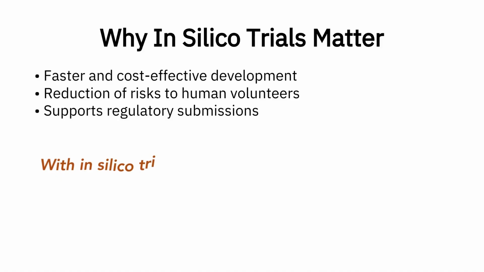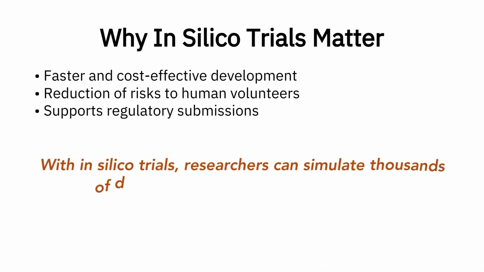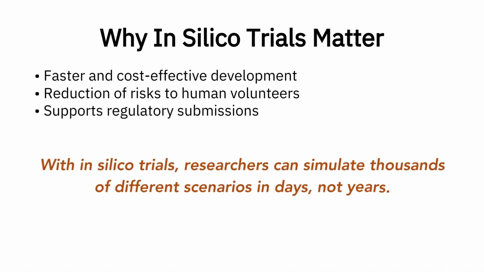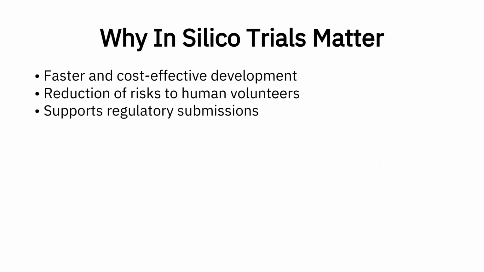With in silico trials, researchers can simulate thousands of different scenarios in days, not years. Imagine being able to model how a new heart drug would perform on 10,000 patients across different ages, ethnicities, and genetic backgrounds, all without needing to recruit a single human volunteer at the start.